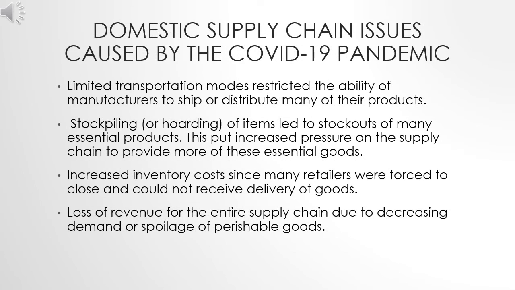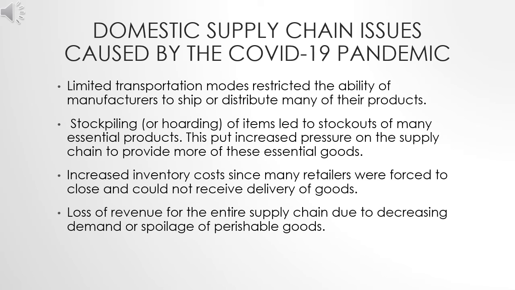Domestic supply chain issues caused by the COVID-19 pandemic. Limited transportation modes restricted the ability of manufacturers to ship or distribute many of their products. Stockpiling or hoarding of items led to stockouts of many essential products.